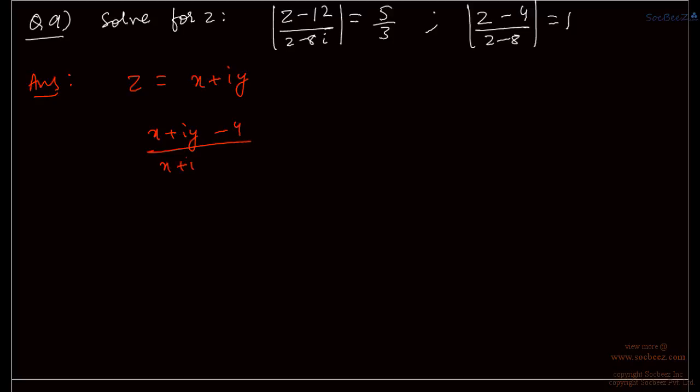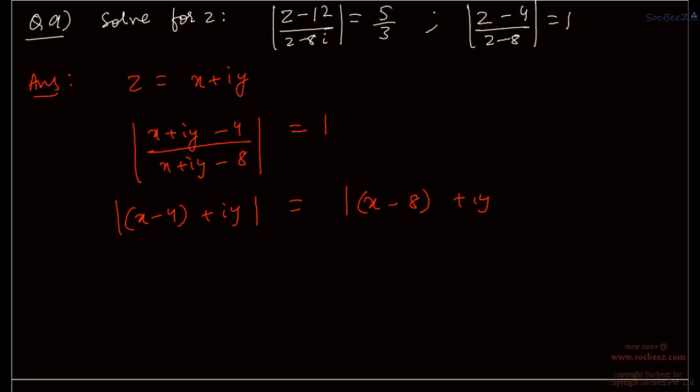|(x plus iy minus 4)/(x plus iy minus 8)| is equal to 1. Is equal to |x minus 4 plus iy|, whole mod of this is nothing but equal to |x minus 8 plus iy|, right?